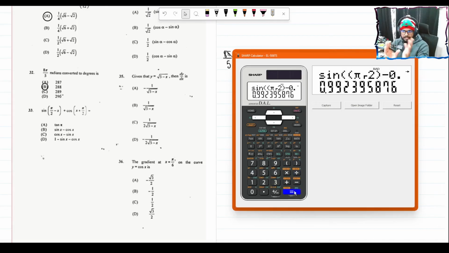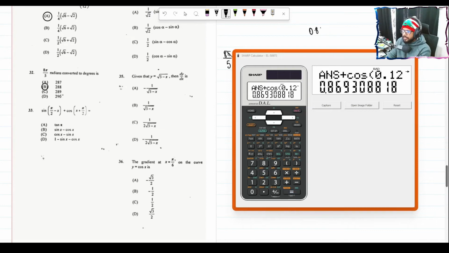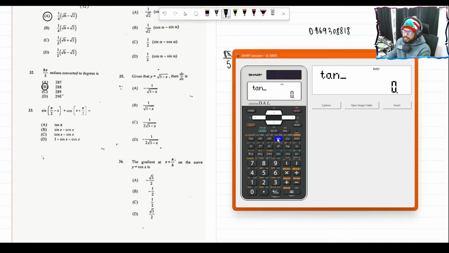Equals, that is the sine part, plus cosine of x, which is 0.1234, plus pi on 2. Close brackets, equals. This is my whole value here, right? And I'm going to write that down, 0.8693088818.